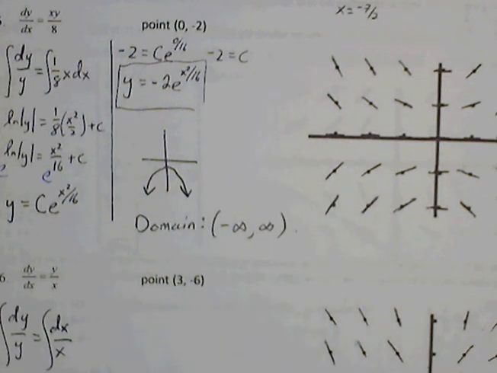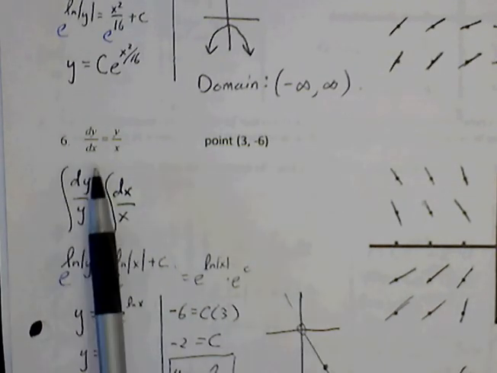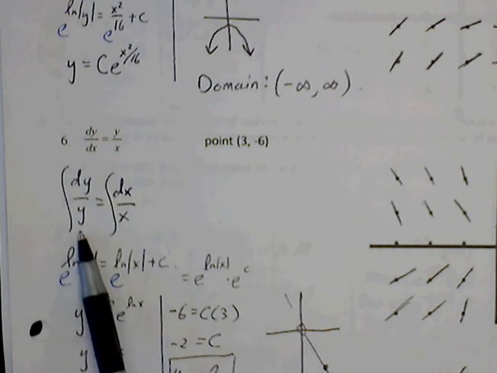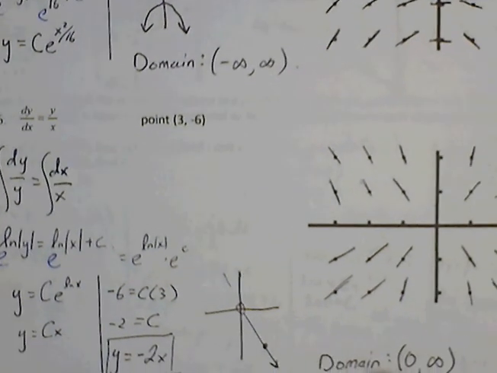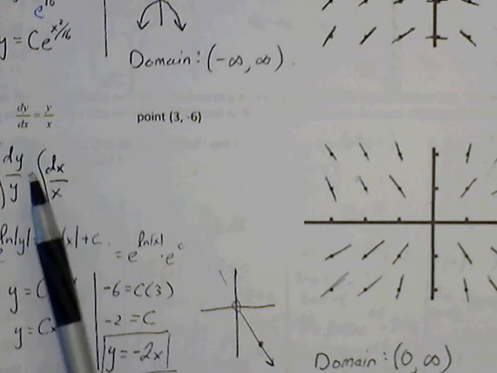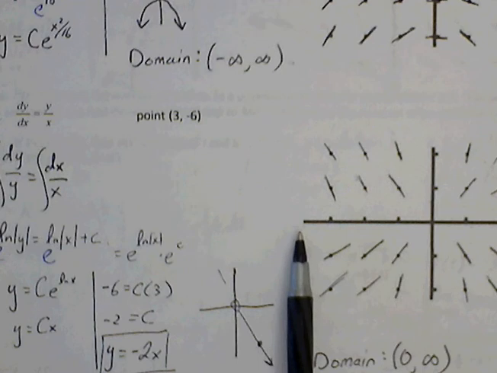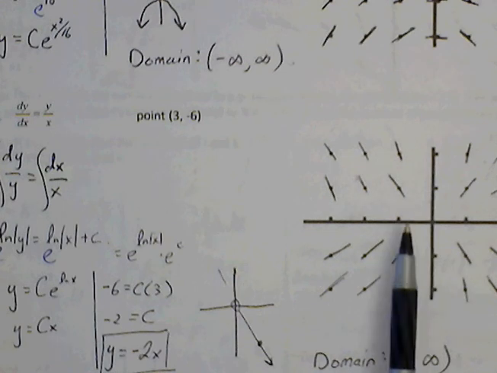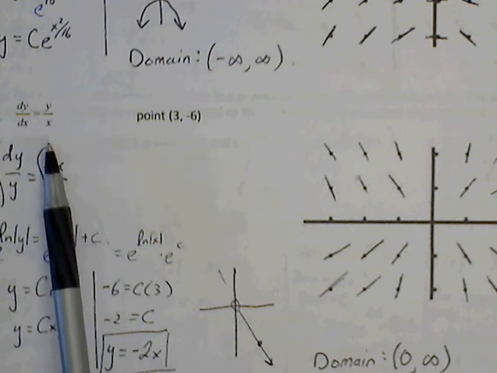All right, number 6, we're going to separate the variables. So we get dy over y is equal to dx over x. We actually saw a similar problem like this, actually the exact same problem, in the notes. We see that when y is equal to 0, we're going to get a slope of 0.